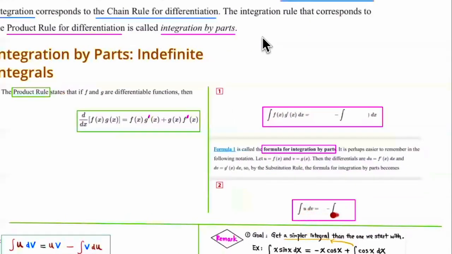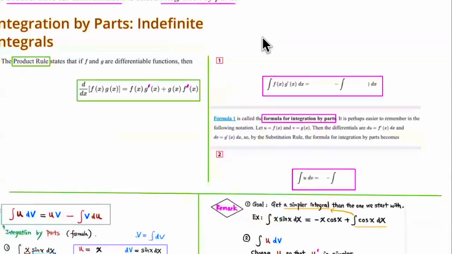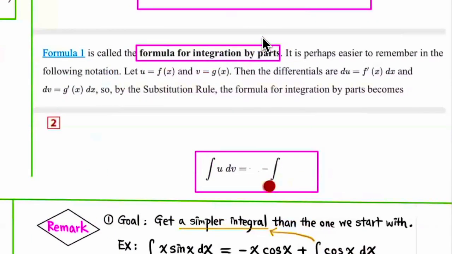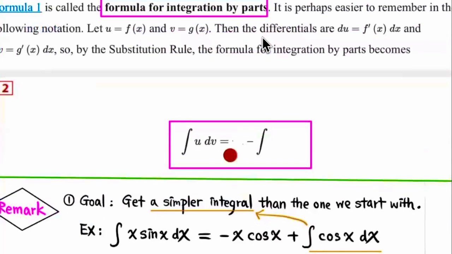Okay, let's maybe just think about this. The integral of u dv is equal to what? Everyone? uv, right? Minus the integral of what? v du. Yes, you got it.